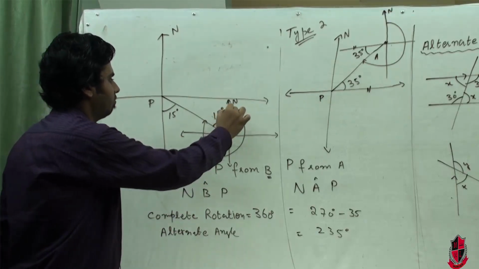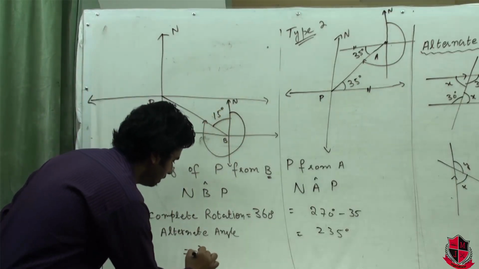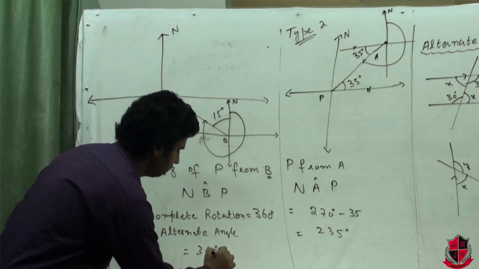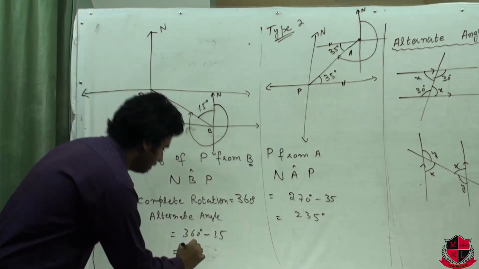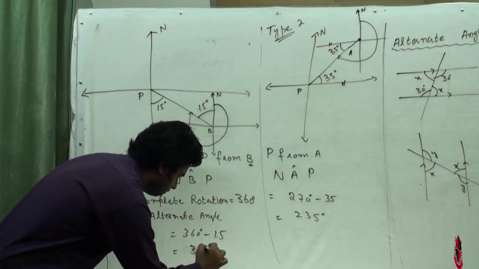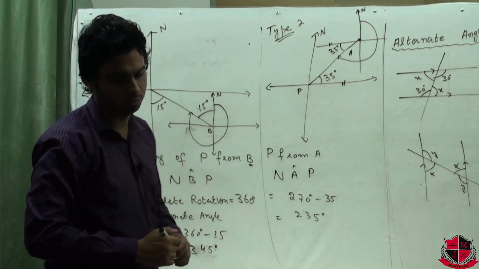So our angle from P will be 360 degrees minus 15 degrees. So our bearing of P from B is 345 degrees. This is our answer.